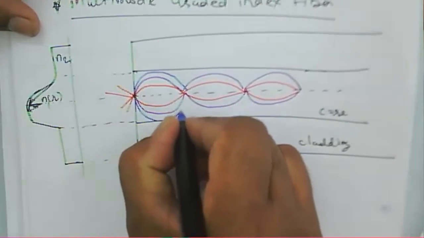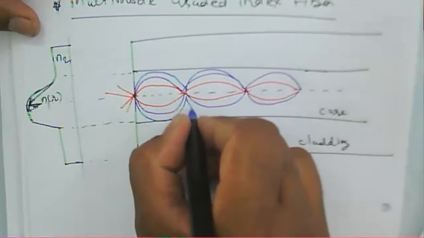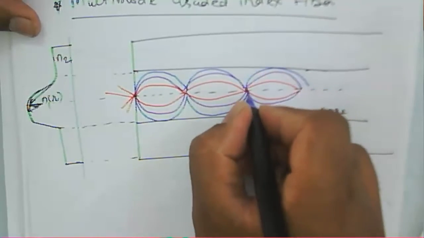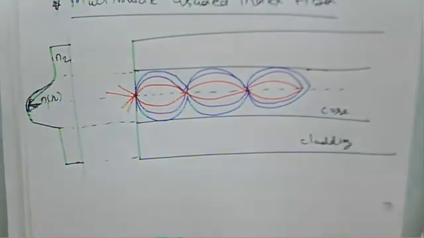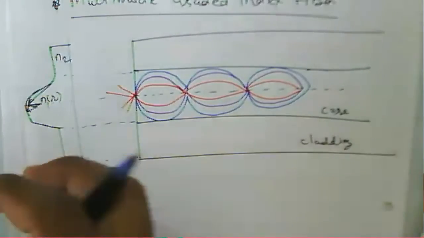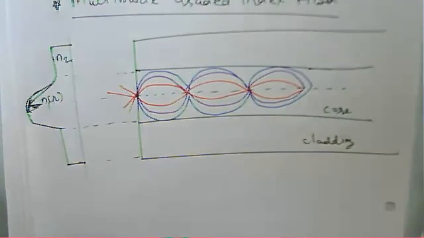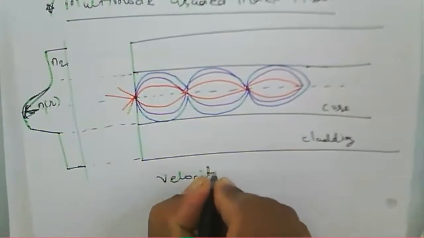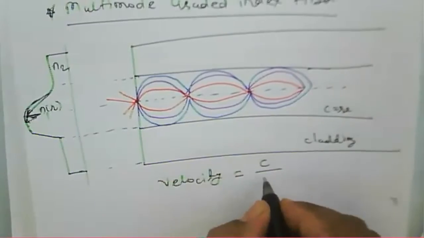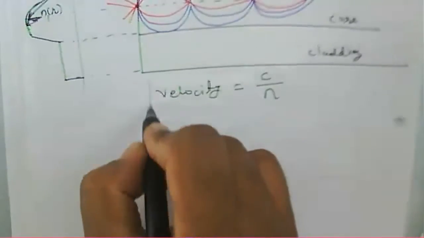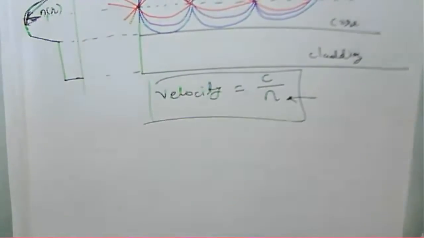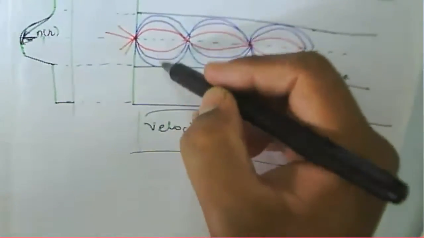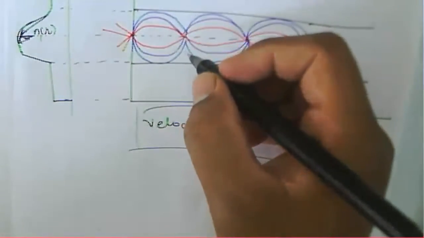Because of that variation inside the core, the rays propagate with different velocities, or along different paths. As we said earlier, velocity depends upon the refractive index, so in this case, with the variation in the core refractive index, the velocity changes.